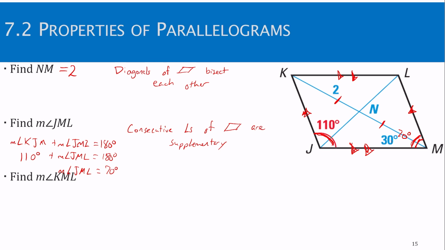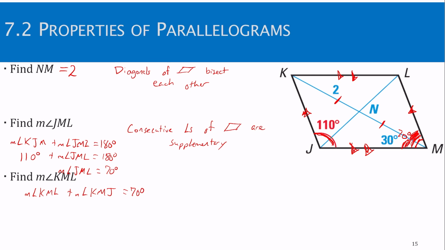So what is the measure of angle KML? Well, that's just this half up here. So if the whole thing's 70 and we know part of it's 30, we could add up our two angles. So measure of angle KML plus measure of angle KMJ, the two parts of this angle, have to equal the 70.